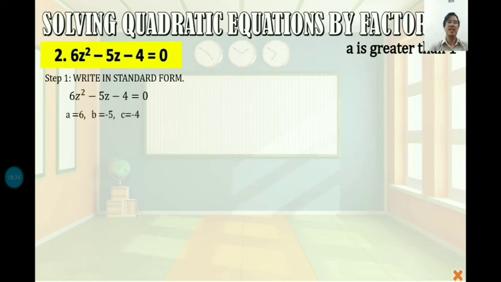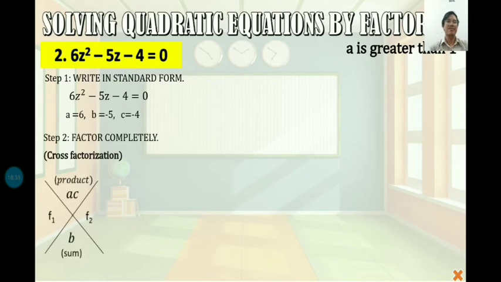So a is 6, b is negative 5, c is negative 4. Now, let us apply the cross factorization. So let's get the product, a times c, and that is 6 times negative 4. The answer is negative 24. And the sum, which is b, is negative 5.